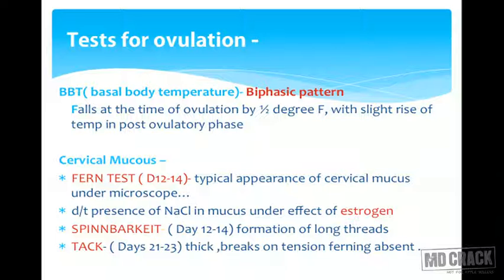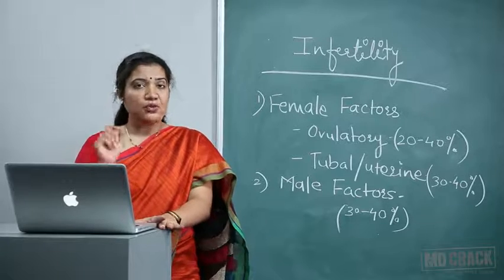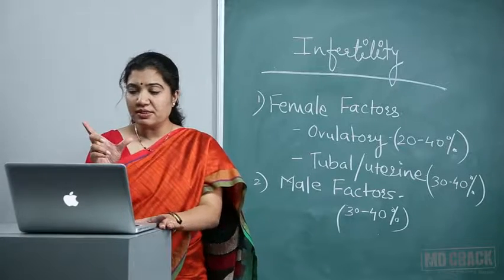Now what happens once there is ovulation and corpus luteum formation? Progesterone comes into role and the secretions go on increasing gradually. So now the cervical mucus will change from thin, watery, sticky to thick. It would form a plug. It will not have that thready consistency.